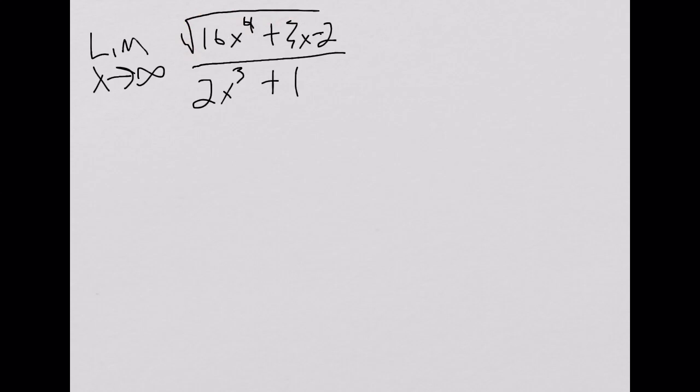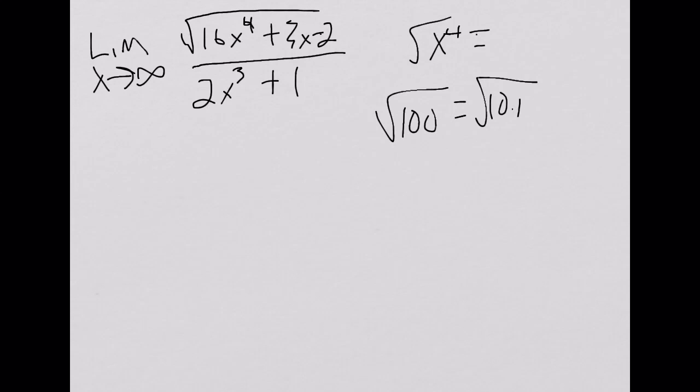If the square root wasn't here and we saw this x to the 4th and the x to the 3rd, I'd say, oh, the top wins. But since the square root's here, that reduces that x to the 4th. If I take the square root of 100, I could write 100 as 10 times 10, so the square root of 100 is 10.